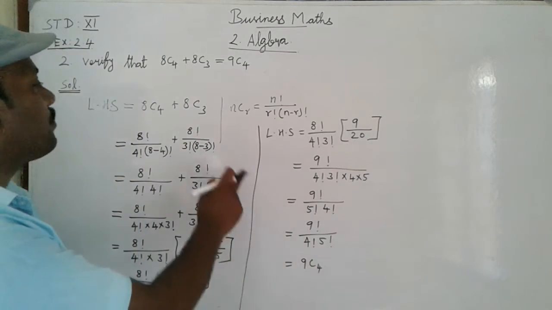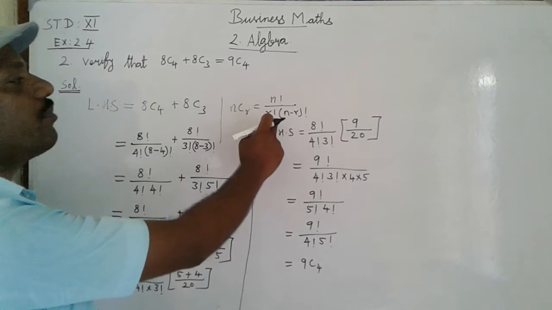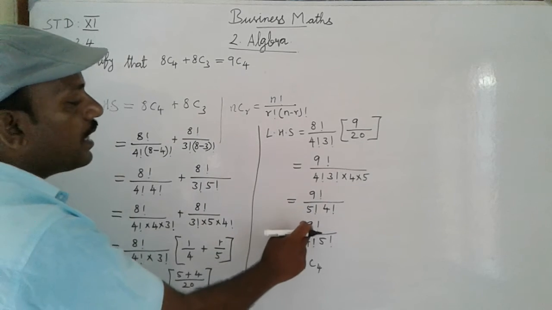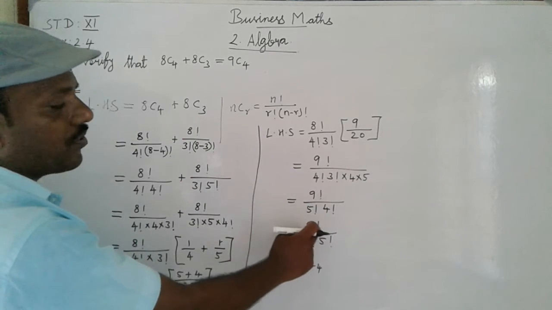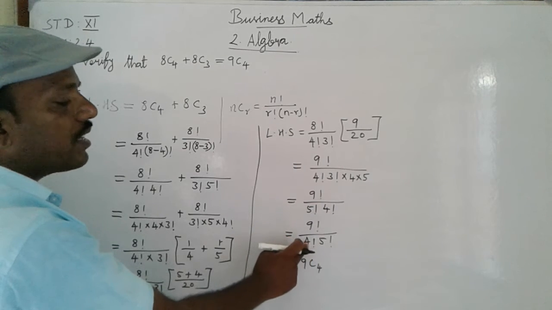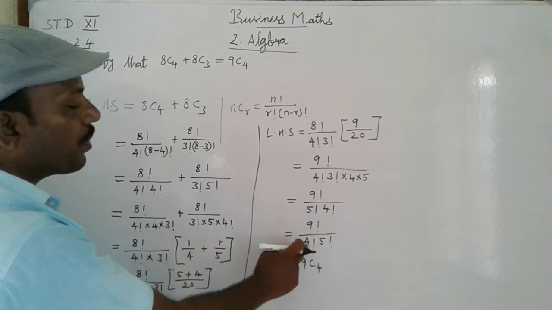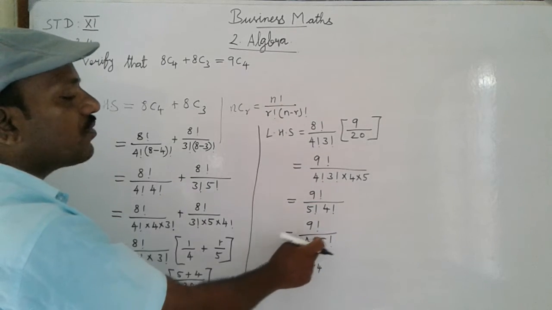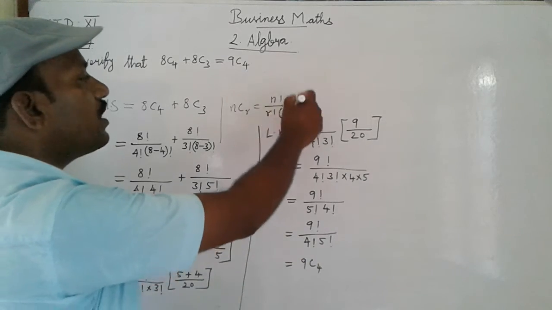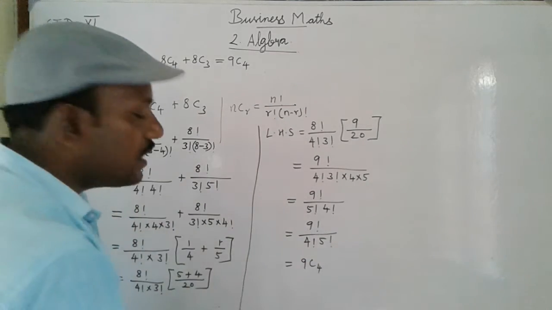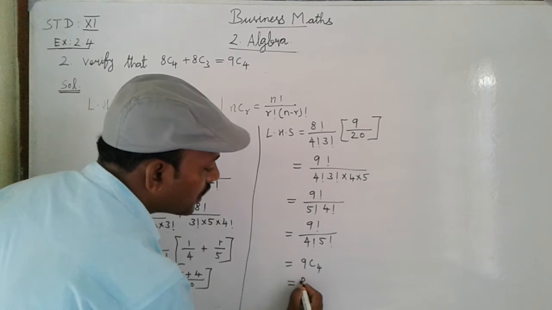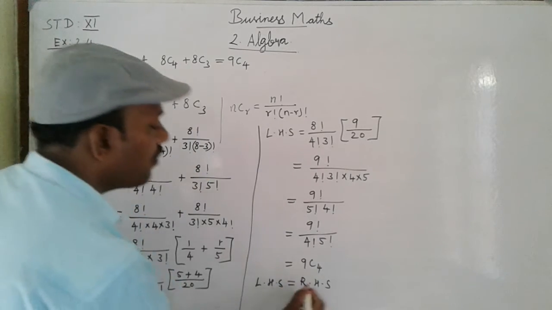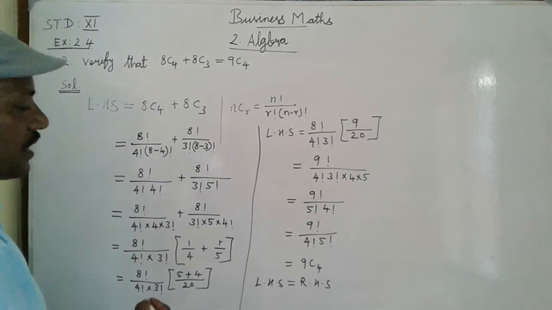We should substitute nCr equal to n factorial divided by r factorial into n minus r factorial is the formula. nCr means n is 9, so 9 factorial, r factorial, r is 4. Then n minus r, n is 9, we know that 9 minus 4 is what? 5 factorial. So apply this formula. So 9c4 is equal to RHS. LHS equal to RHS, hence verified.